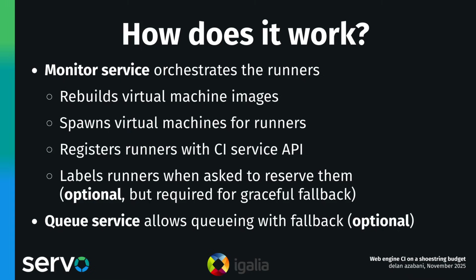Now, with graceful fallback, you do lose the ability to naturally queue up jobs. So what we've put on top of that is a single queue service that sits in front of the cluster, and it essentially acts as a reverse proxy.